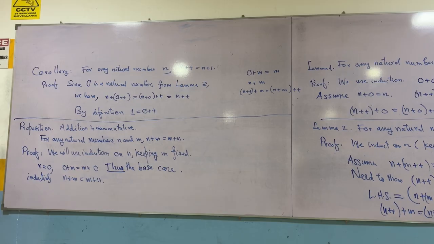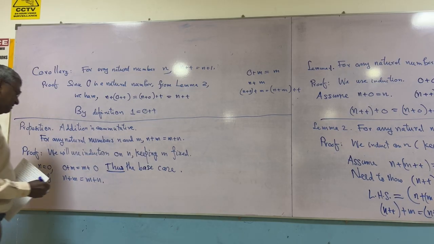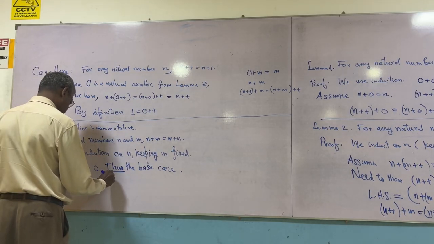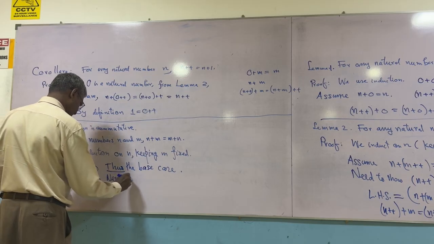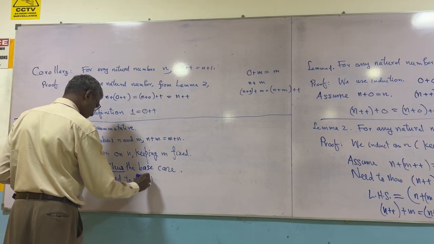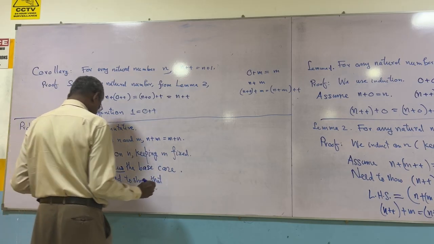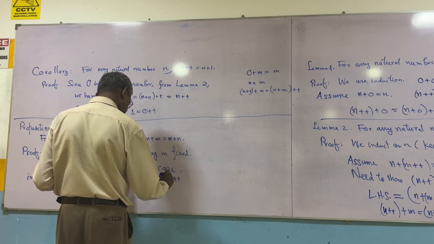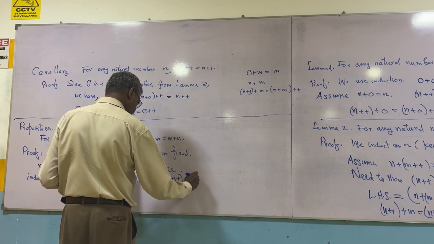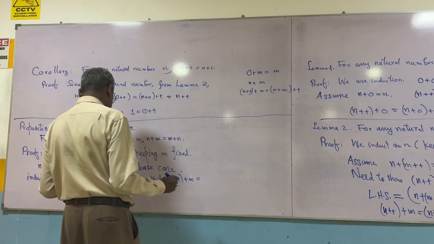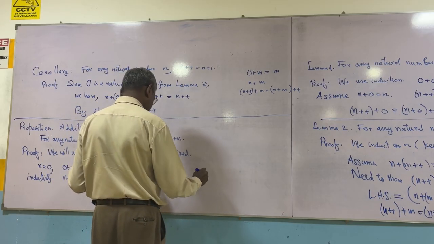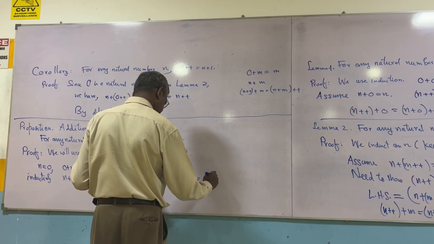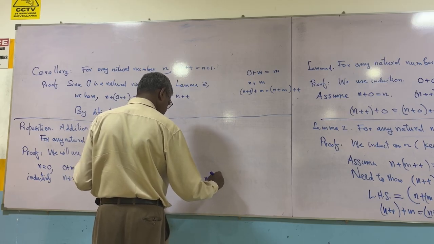Assuming this, now we need to show that n plus plus m is equal to m plus n plus plus.